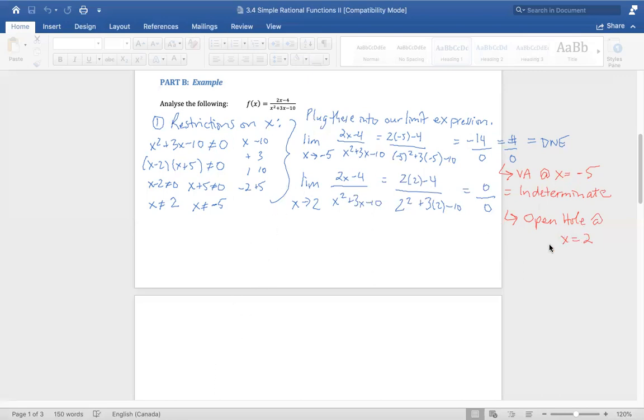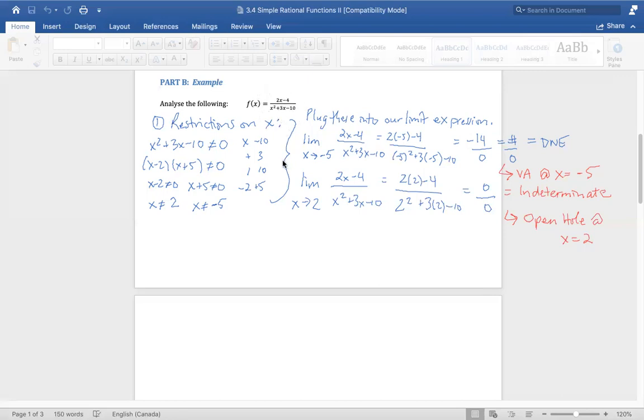So for example, I want to get the coordinate point of this open hole, right? I know that at the x value it's 2, but what's my y value? So I know where to put that open hole. If I can simplify this first and just make it easier on me, then I can use that to get the coordinate point of the open hole. So that happens all the time. When I have an open hole with removable discontinuity, it means that my original function can be simplified further.